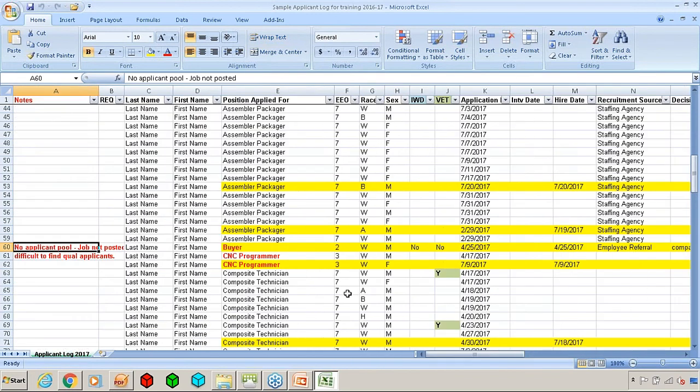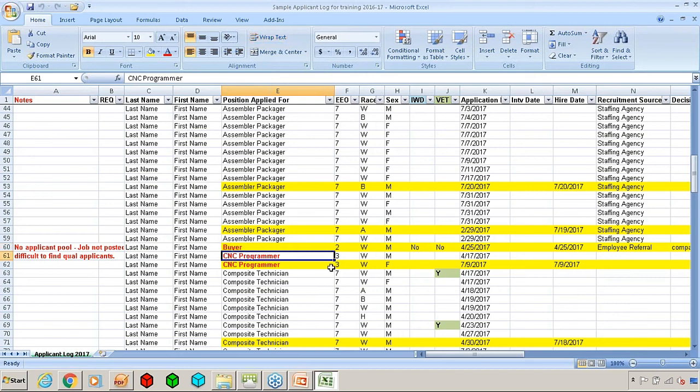But there are no other applicants. So you can't just hire somebody without posting the job and giving opportunity to the recruitment area, which is your census area, to apply for the job and have a shot at the job. So they would say you were discriminating against the others in the community that may have been qualified for this position.